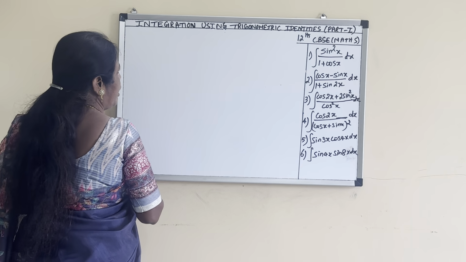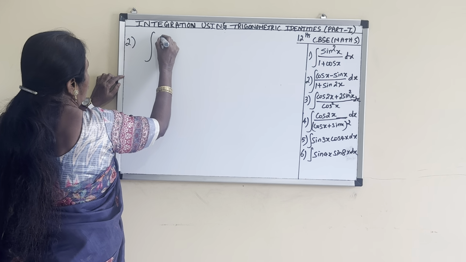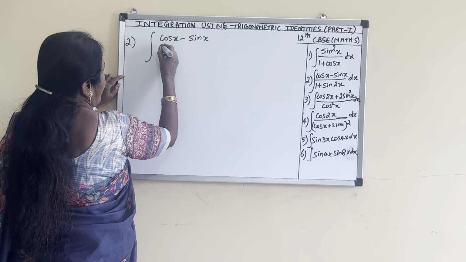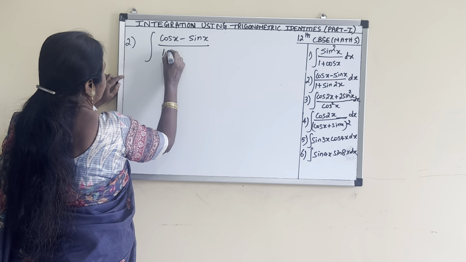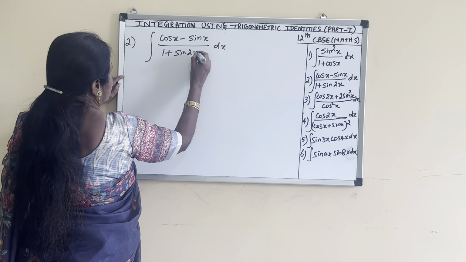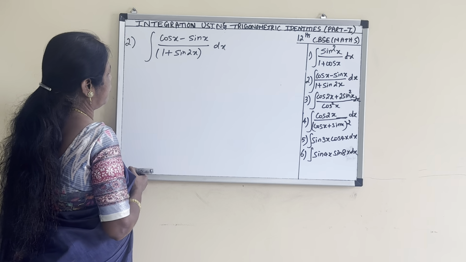The next question, the second one, I have selected cos x minus sin x by 1 plus sin 2x into dx. Right. Now, it is in terms of cos x minus sin x.